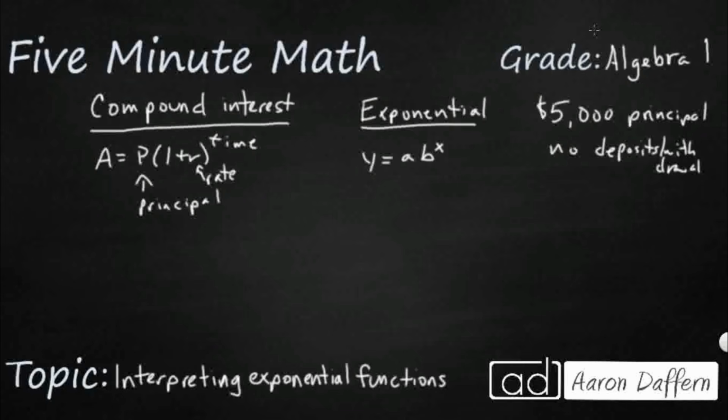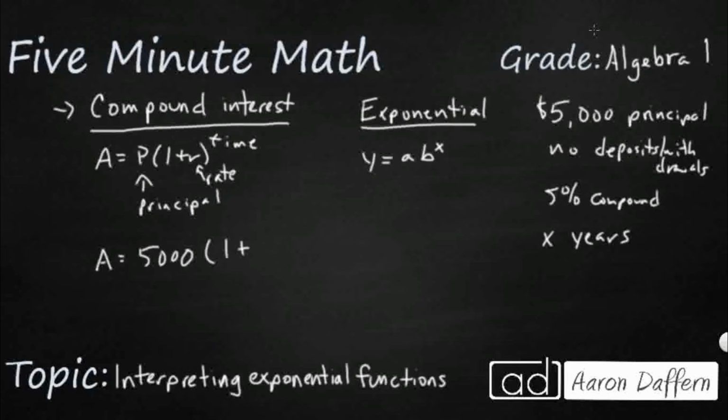And let's say we have compound interest at 5%. You want to know a good way to calculate how much money you're going to have after x years. If we were to do this with our 7th and 8th grade formula, we would say A equals, and the P is your principal, so 5,000, times 1 plus, and you have to make sure your rate is in decimal form.